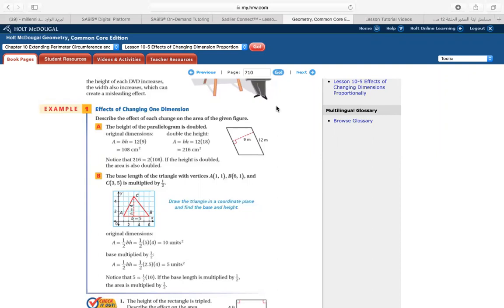What will happen to its area? Will its area be affected? Will its area also be doubled? Will its area also be tripled? What about watching a video that will make the idea more clear?